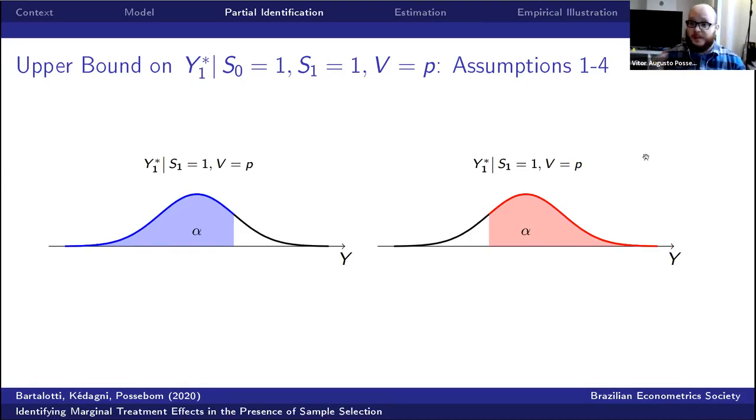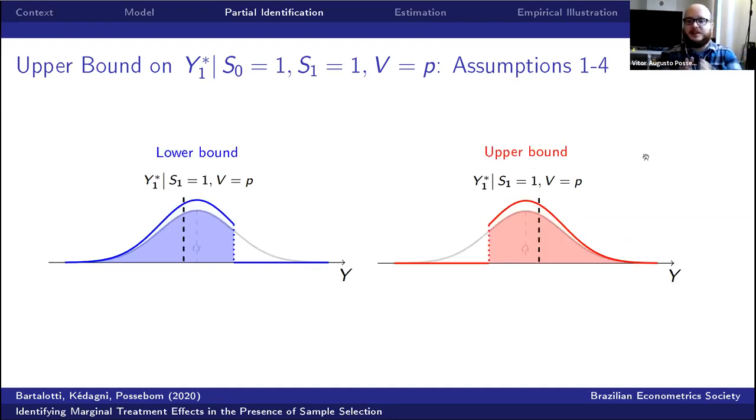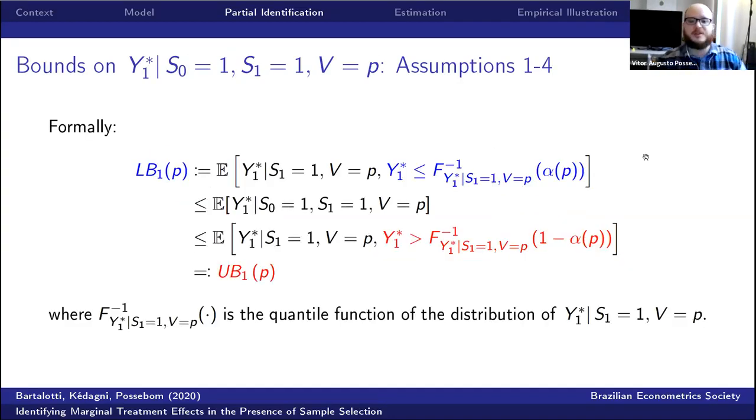As a consequence, in this best case scenario, we can have an upper bound that's basically discarding the left tail of the distribution. And given that the upper bound of the distribution is given by this trimmed distribution, the upper bound for the expected value will also be a trimmed mean. But now we are discarding the right tail of the distribution.